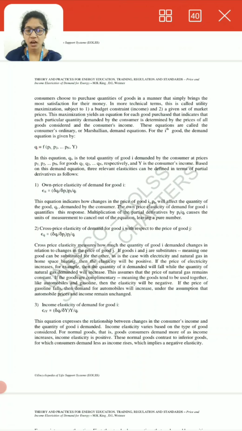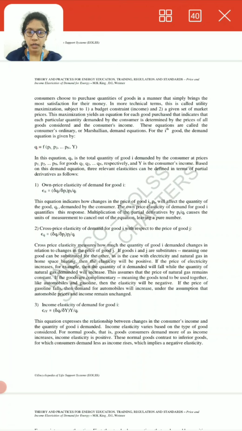If the price of electricity increases, for example, then the quantity of its demand will fall, while the quantity of natural gas demanded will increase. This assumes that the price of natural gas remains constant.